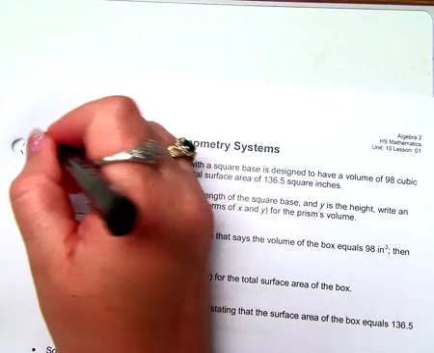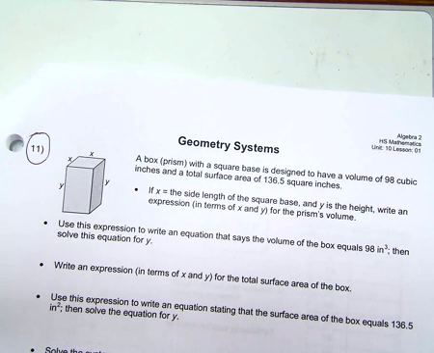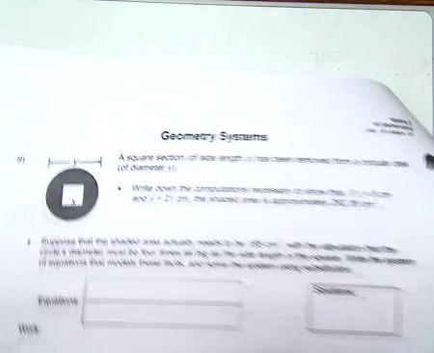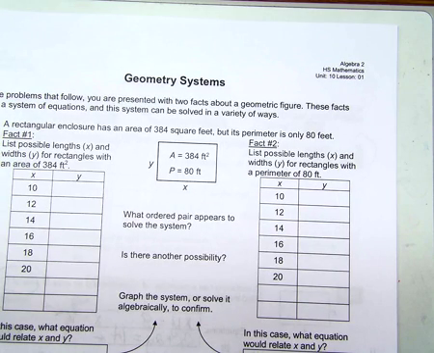Let's circle number 11. And we're also going to circle number 3. I skipped over it a minute ago, sorry. So 3, 6, 8, 10, and 11.